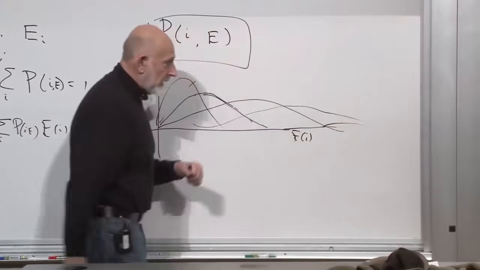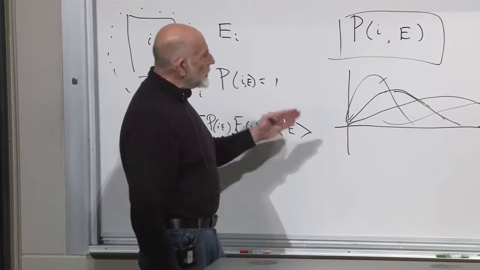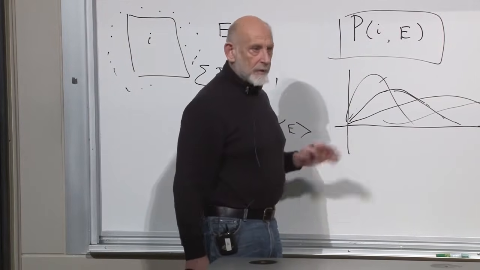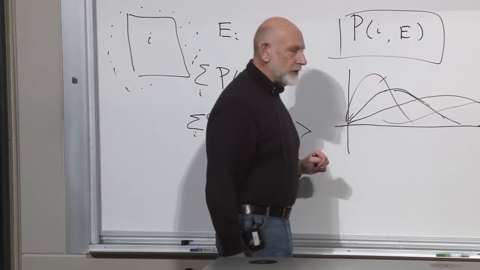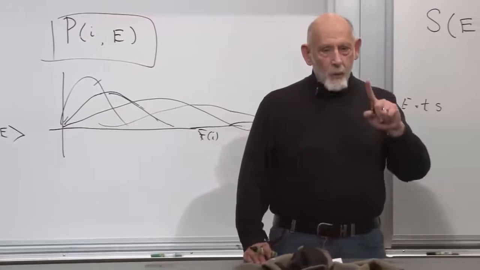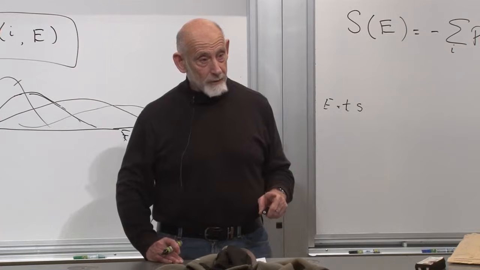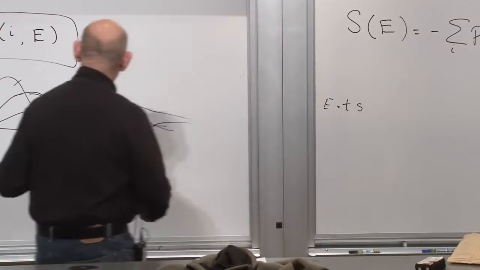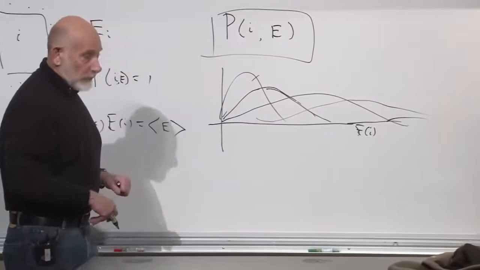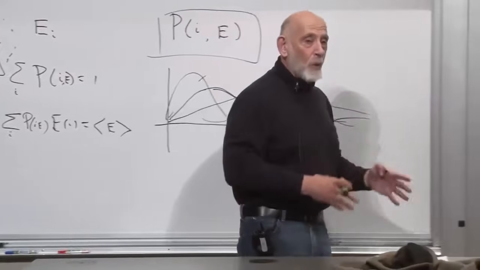We could ask, how much do you have to change the average energy in order to change the entropy by 1 bit? 1 bit means log 2.